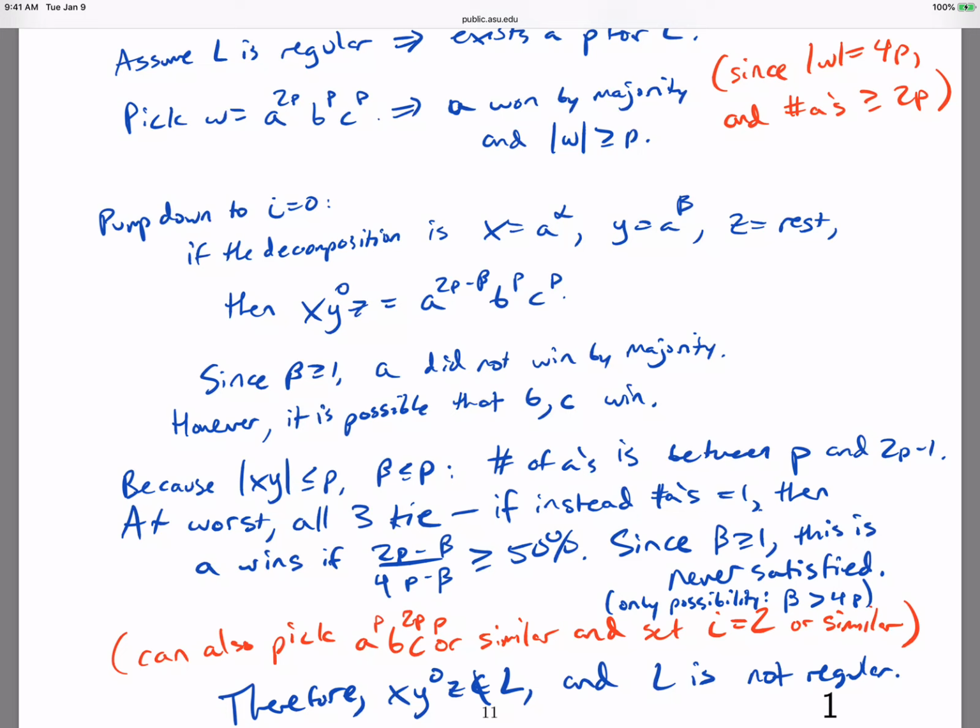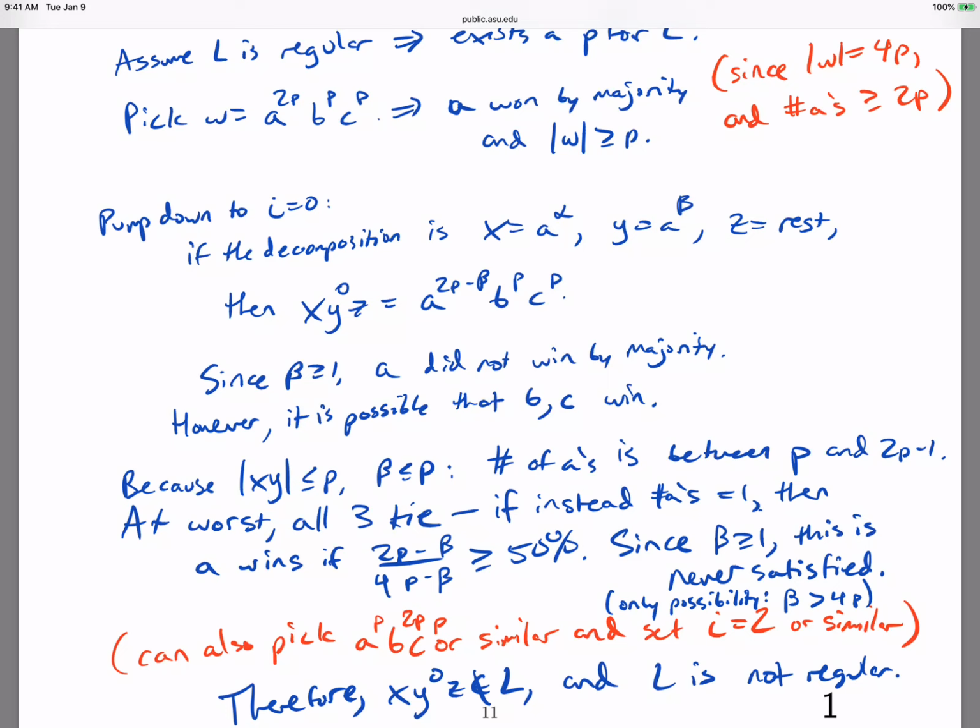So will I ever leave the language? No, because the fraction of A's compared to the string is going to go up, which means A is going to win more, win more by a landslide. So what if we took A's away? Well, the string length goes down, but also the number of A's goes down. But the number of B's and C's don't go down either.